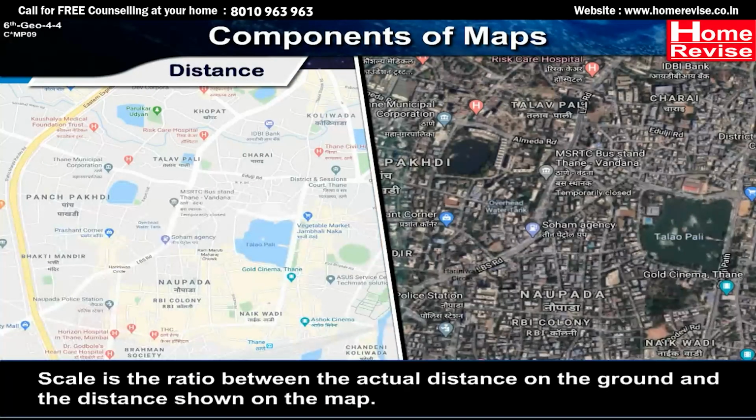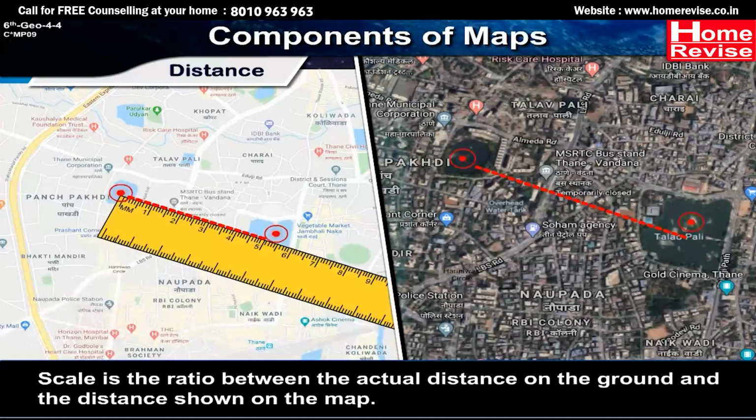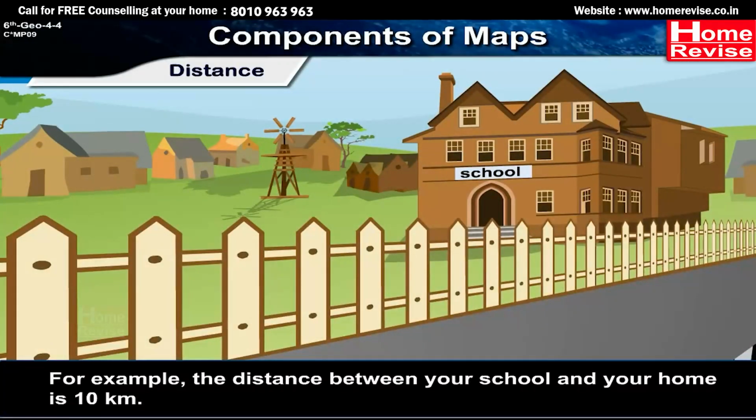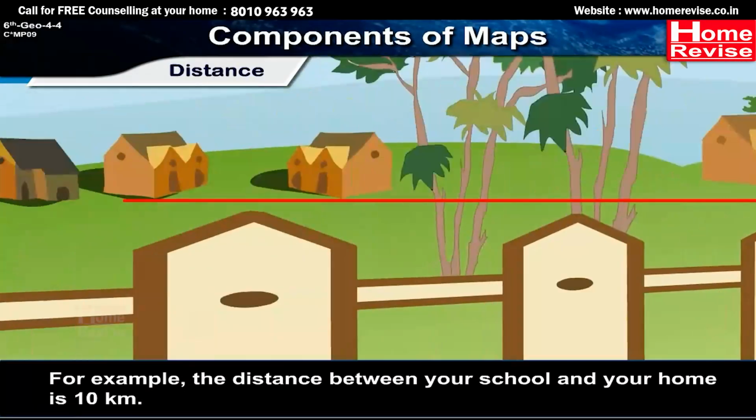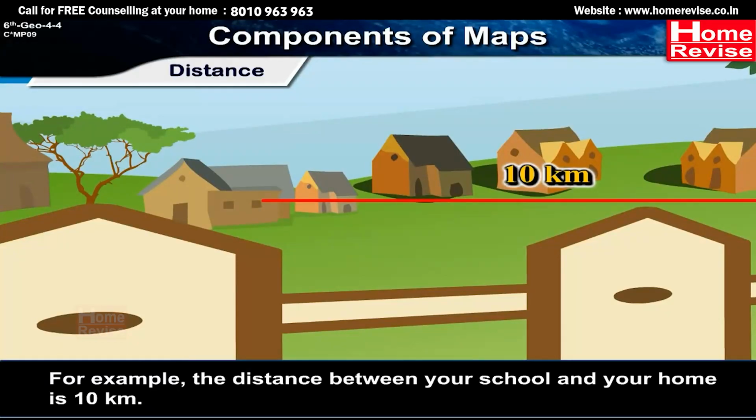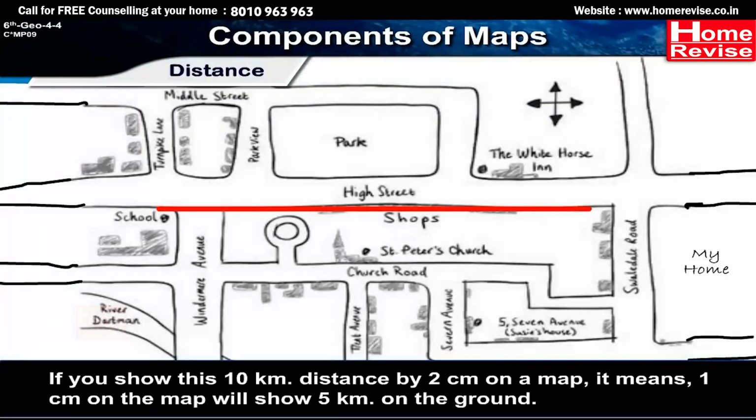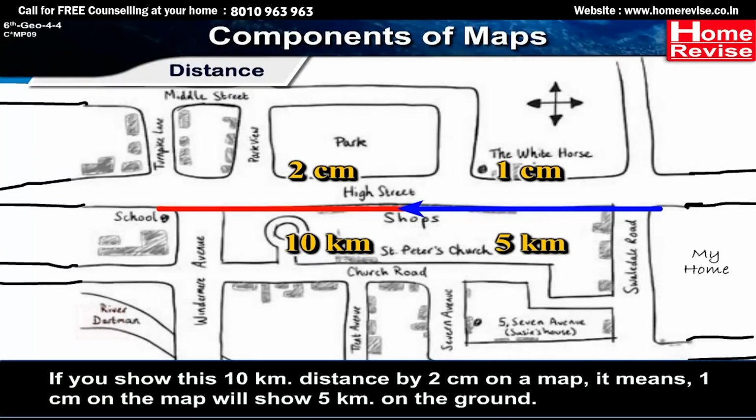Scale is the ratio between the actual distance on the ground and the distance shown on the map. For example, the distance between your school and your home is 10 kilometers. If you show this 10-kilometer distance by 2 centimeters on a map, it means 1 centimeter on the map will show 5 kilometers on the ground.